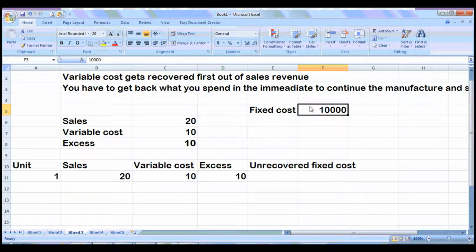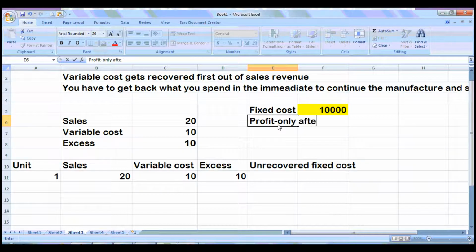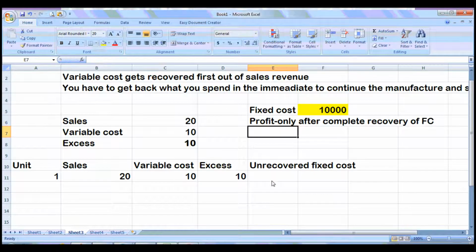But this variable cost is not the only cost to be recovered. You still have the fixed cost to be recovered. So until the fixed costs get completely recovered, you cannot enter the profit zone. If you want to earn the profit, you have to recover the fixed cost also. So after the first unit, your unrecovered fixed cost is rupees 9,990.